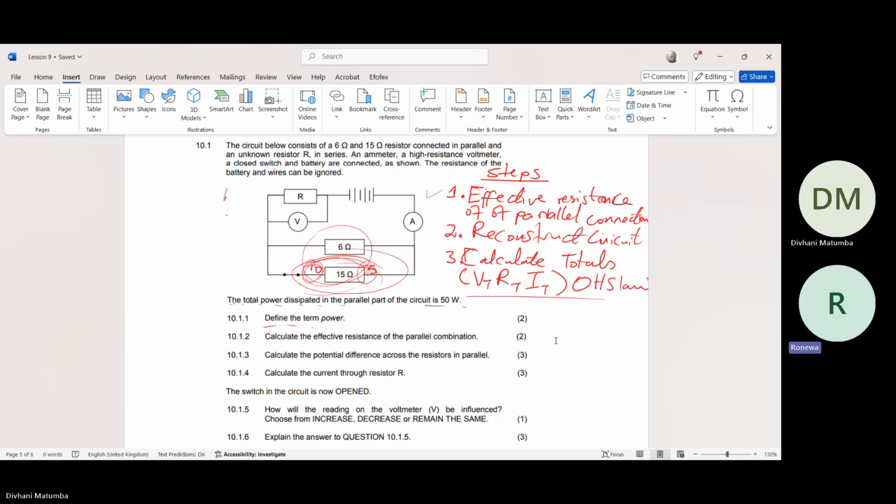So does I not stand for current? Yes, I stands for current, but you see what you're doing. Physics. Okay, explain it to me, sir.